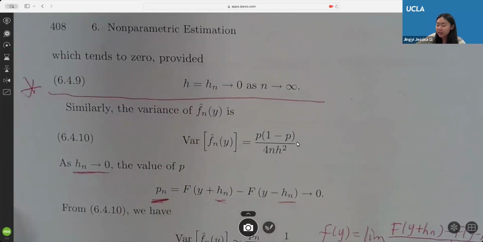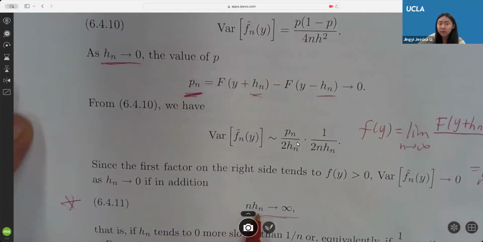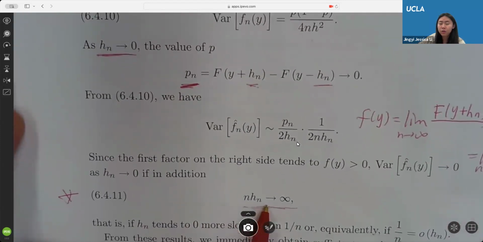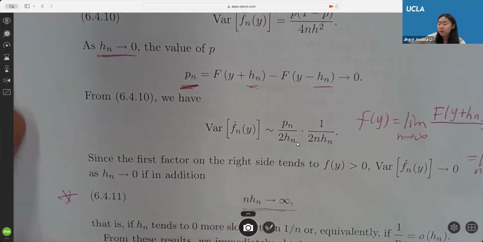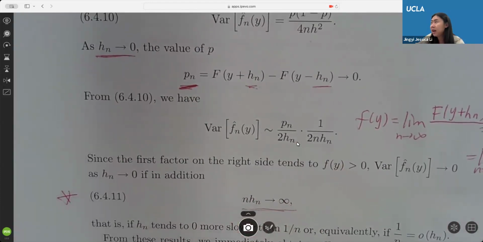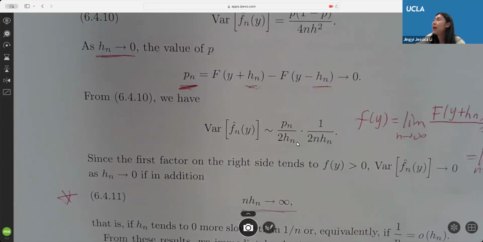Okay. The second thing is coming from the variance. Actually, if you want the variance to go down to 0, you actually need n times h_n, where h_n is the bandwidth that changes with n, you need their product to go to infinity. And this is to ensure you have asymptotics in your local neighborhood.